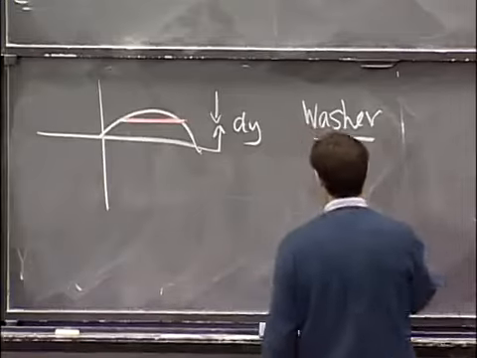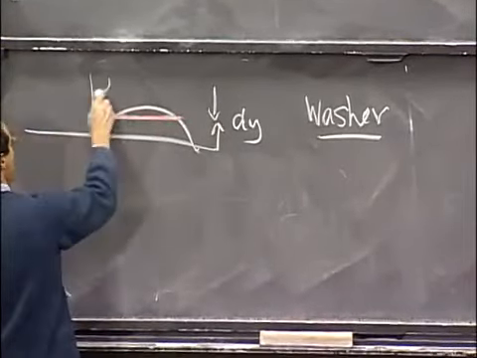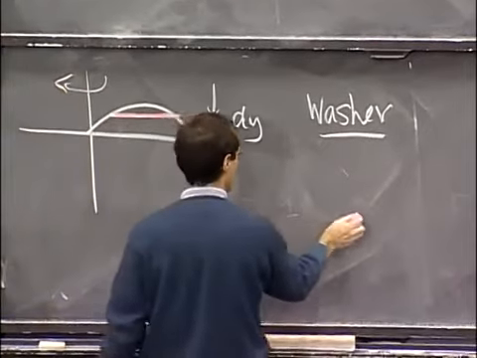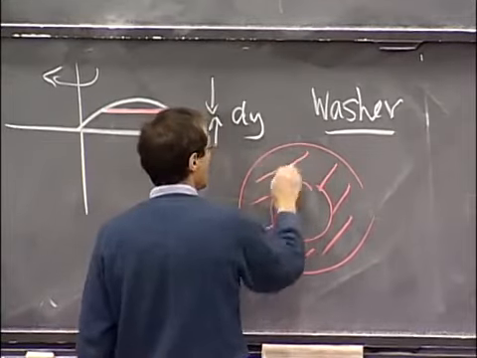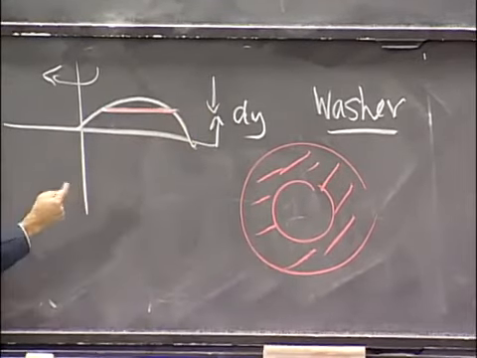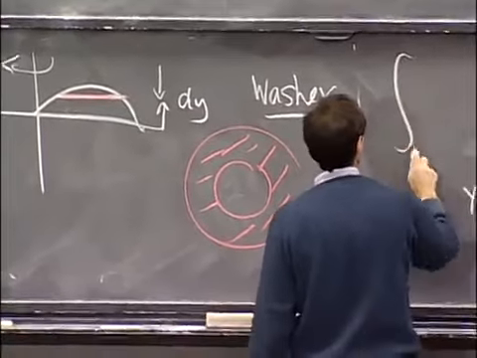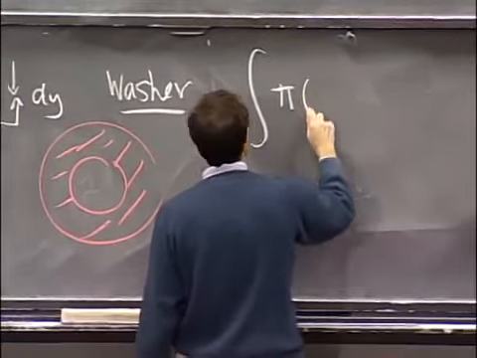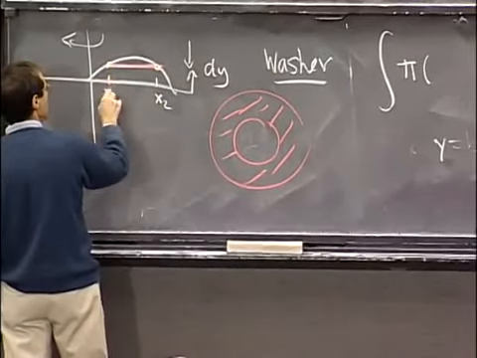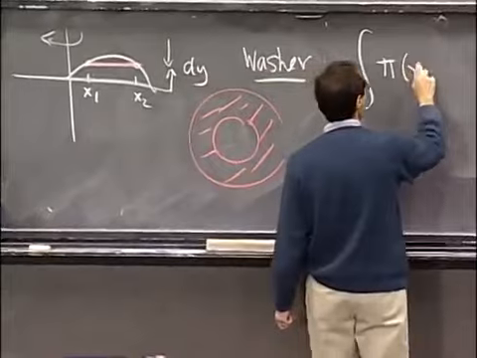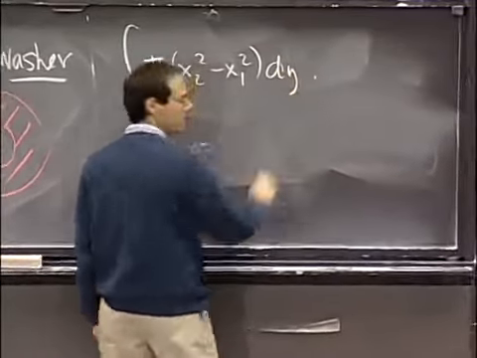So the shape here is this thing swung around this axis. And it looks like this. So it's going to be the difference of radii. So what's the formula for this? It's some integral of pi times the right end, which I'll call x2, and here the left end, which I'll call x1. So this is pi times x2 squared minus x1 squared dy.